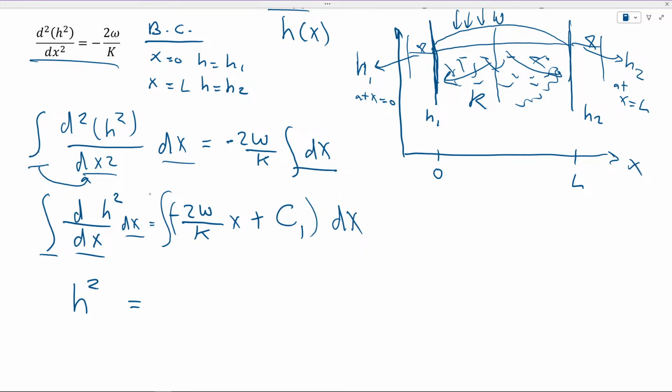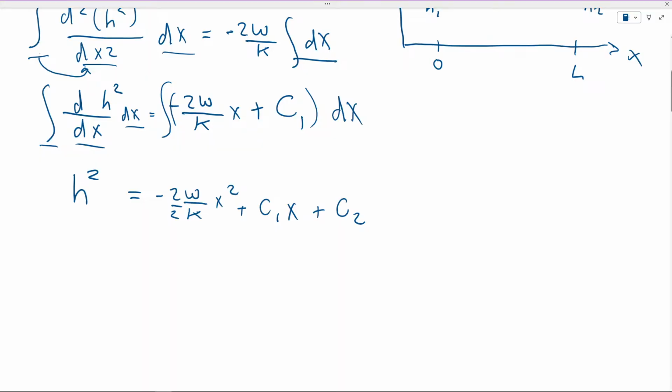You get negative 2wk x squared, and then I divide by 2 here, plus c1 x plus constant 2. I get another constant.